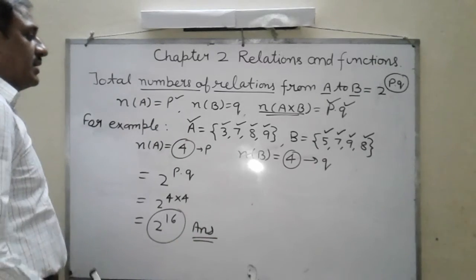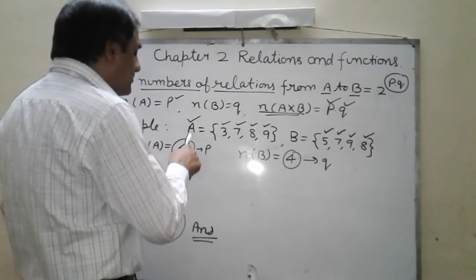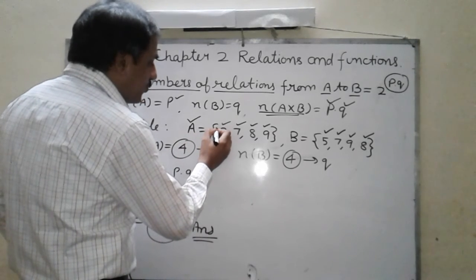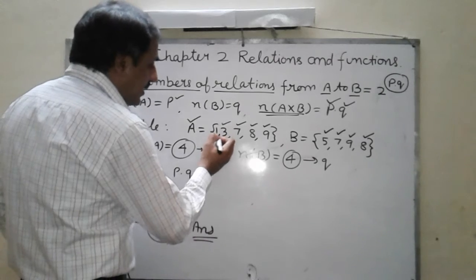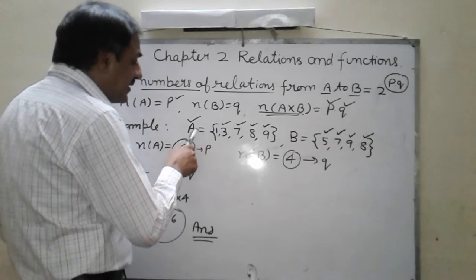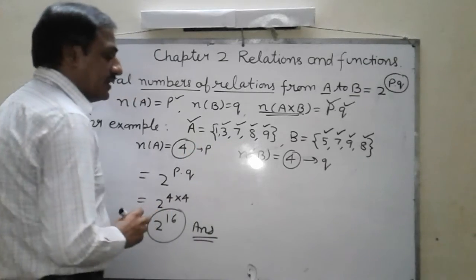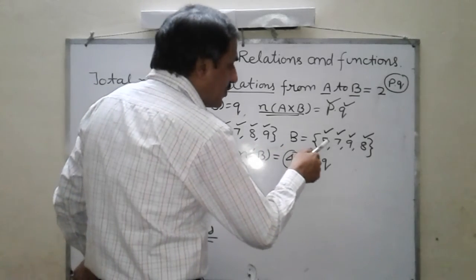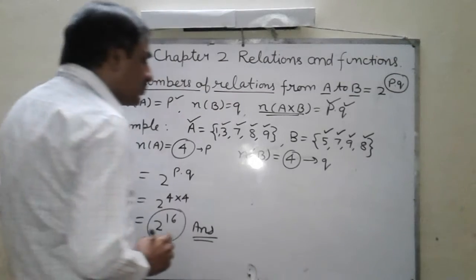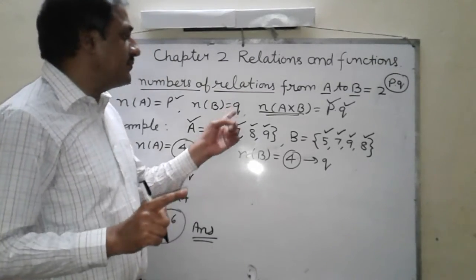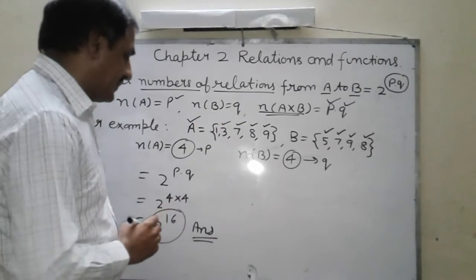Suppose the number of elements of set A, here we are going to increase by one more number. If the elements in set A are 1, 3, 7, 8, 9 and the elements in set B are 5, 7, 9, 8, can you tell me how many relations there are from set A to set B?